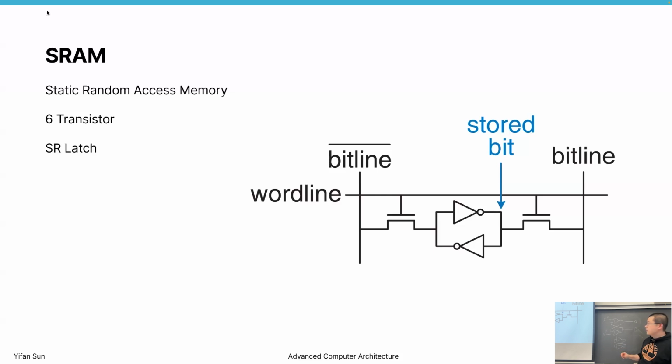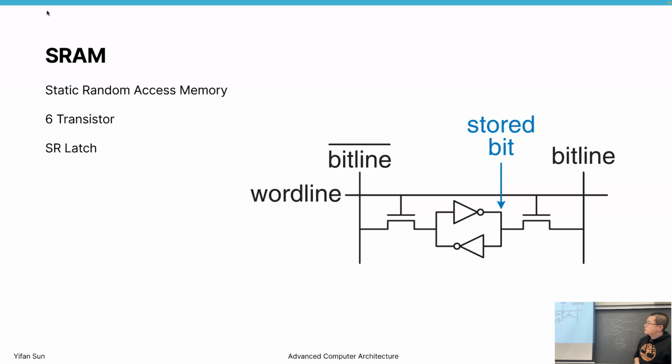So the SR latch will hold the data forever, right? The data will stay there. When these two transistors on the word line are not connected, it's pretty much an SR latch there.